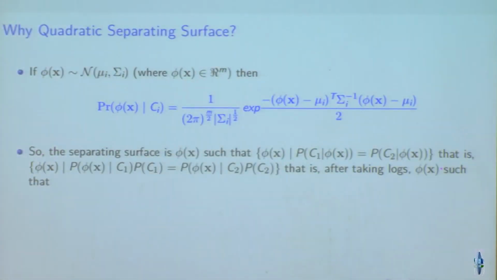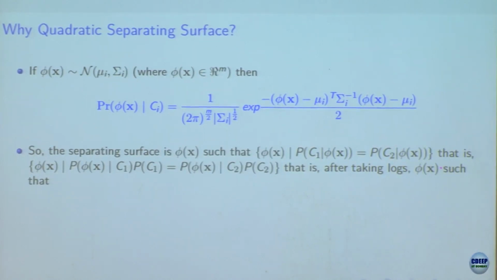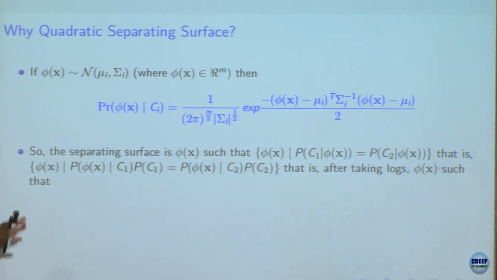So it turns out that if you just equate probability of C1 given x and C2 given x, and then take logs for both classes and equate them, what would you get?